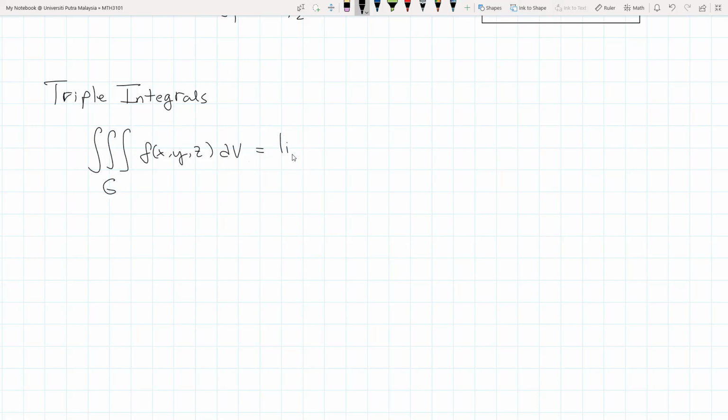It's just like you are taking the limit as n goes to infinity of the sum for k equals 1 to n of f(x_k*, y_k*, z_k*) times a little volume V_k.